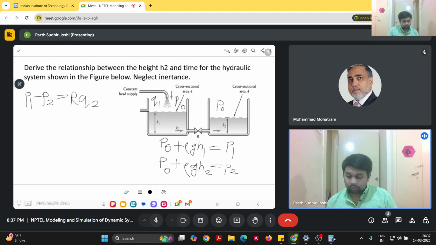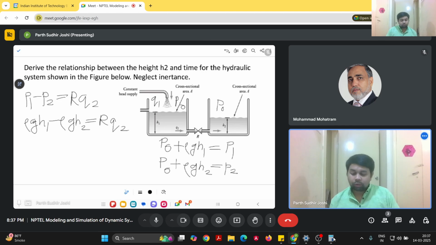So P1 minus P2 will be rho g H1 minus rho g H2, which is R into Q2. So we get the expression for Q2, which is rho g times H1 minus H2 upon R.